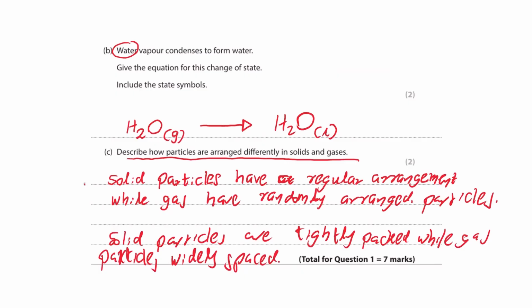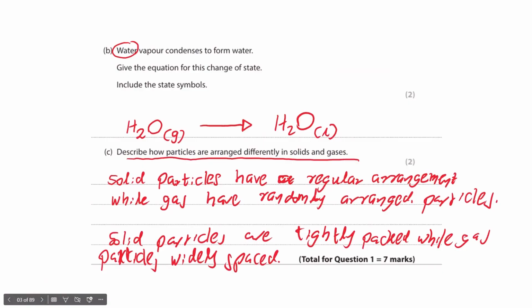So we have just told their differences. Solid particles have a regular arrangement, but gas particles have a random arrangement. Solid particles are tightly packed, whereas gaseous particles are widely spaced. So from that we got both marks.